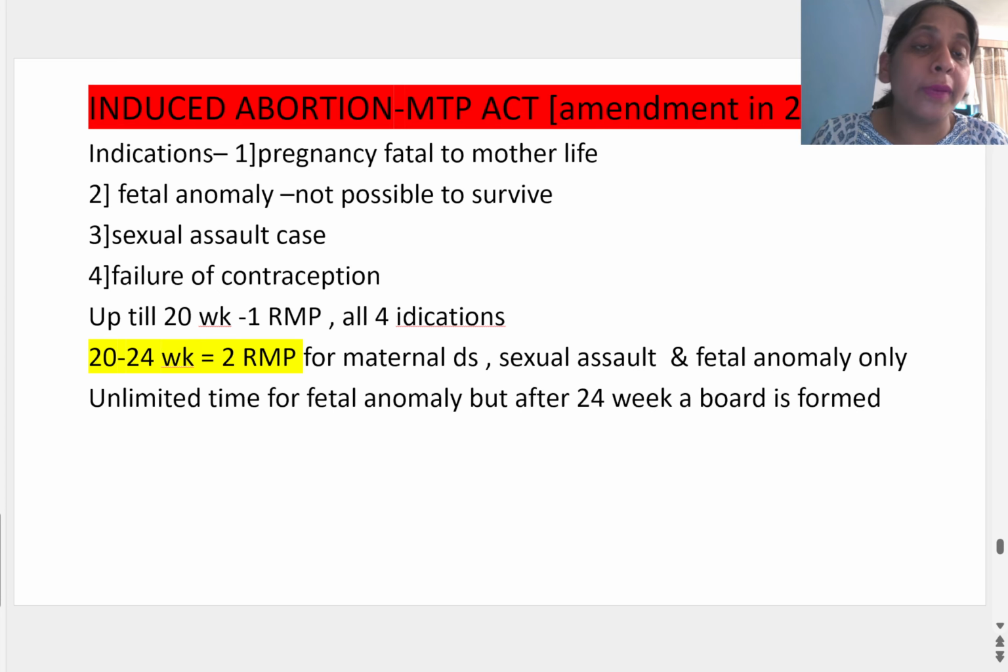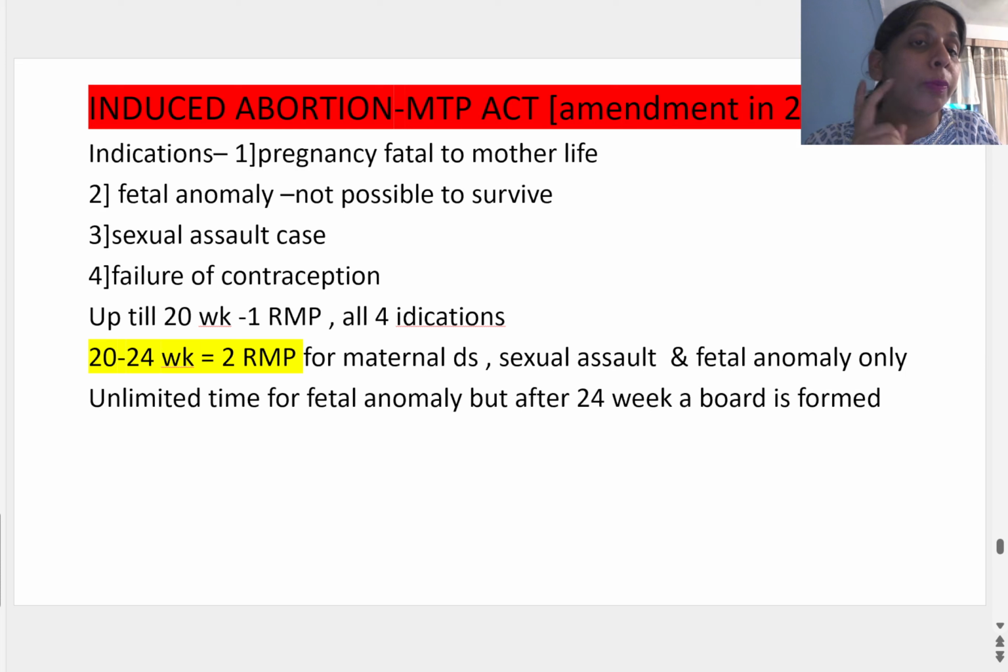एक रजिस्टर्ड मेडिकल प्रैक्टिशनर, मैंने पुराने वाले नहीं लिखे हैं क्योंकि नए वाले ही पूछते हैं तो हम नए वाले ही याद करेंगे। 20 वीक्स तक 1 रजिस्टर्ड मेडिकल प्रैक्टिशनर RMP can do for all the 4 indications. 20 to 24 weeks, okay, contraception failure is not an indication for abortion, but abortion will happen for any maternal diseases, fetal anomaly and sexual assault, and the permission has to be taken by 2 RMPs.